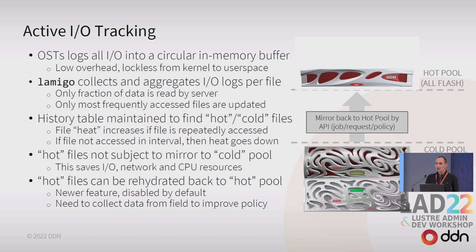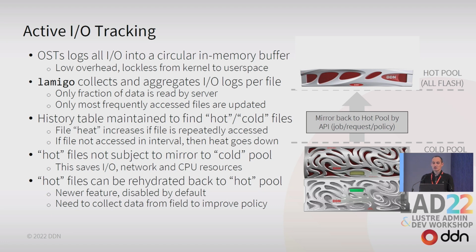So we've been working on newer enhancements to the hot pulse feature. The first one is called active IO tracking. Basically, you have this capability inside Lustre for OSTs to be able to log every access that is being done. It's an in-memory circular buffer of all IO accesses as seen by the OSTs. And Lamigo is able to collect and aggregate those IO logs per file.